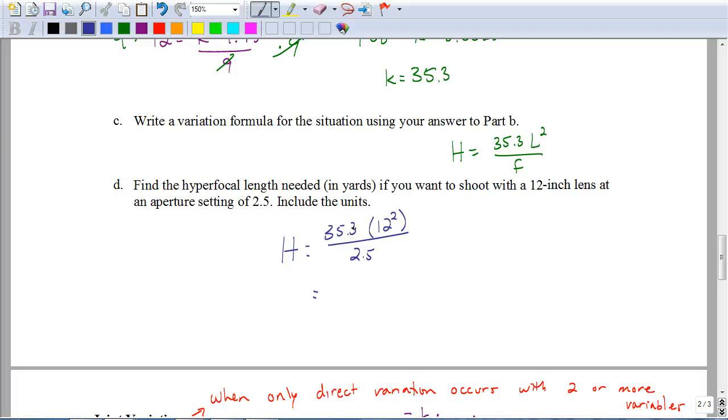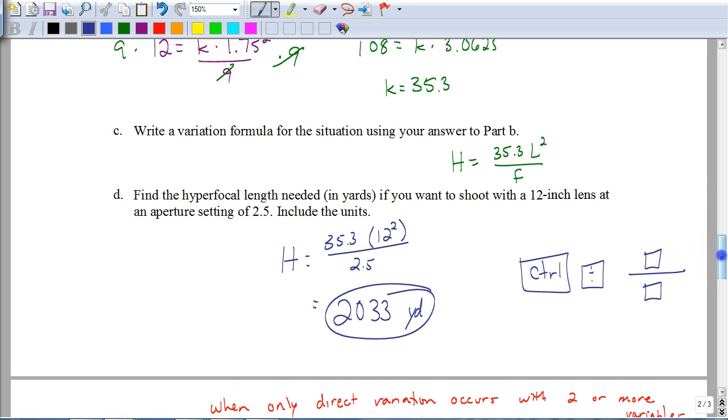Otherwise, it's not going to divide this correctly. If you hit control and divide on your calculator, that'll give you the fraction bar, allowing us to put some items on top and on the bottom, and in that way you can guarantee that you get the right answer. And again, for this one you should get approximately 2,033 yards is your answer.